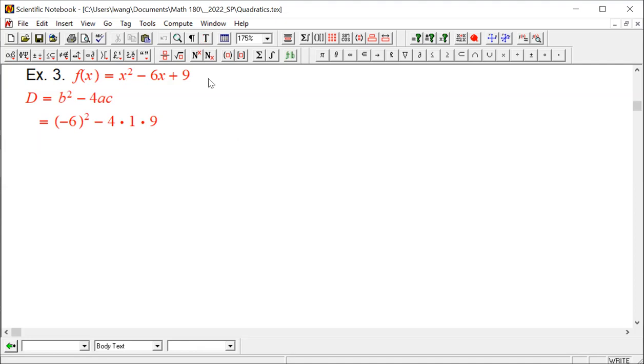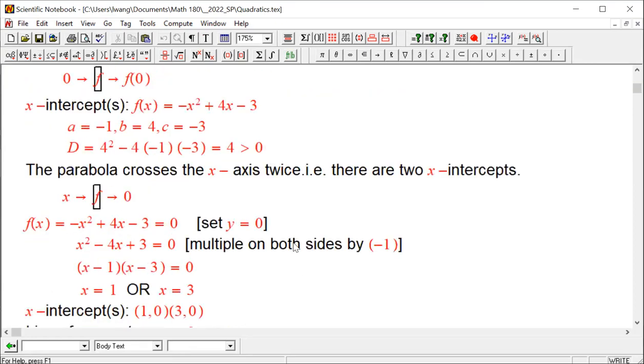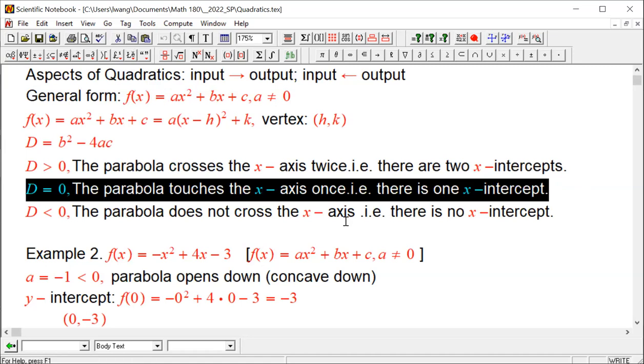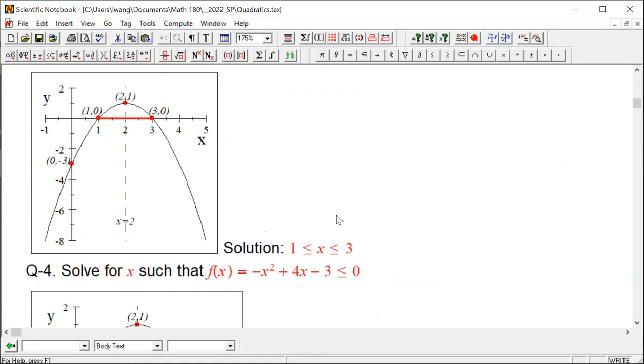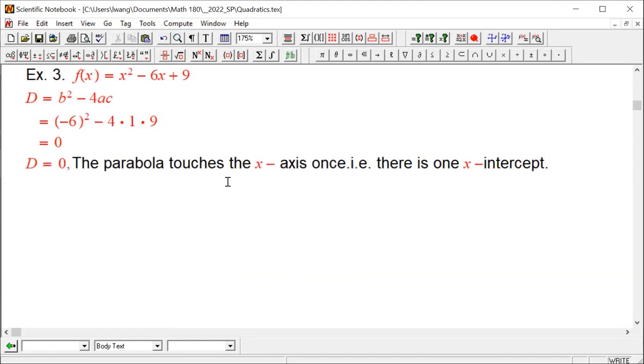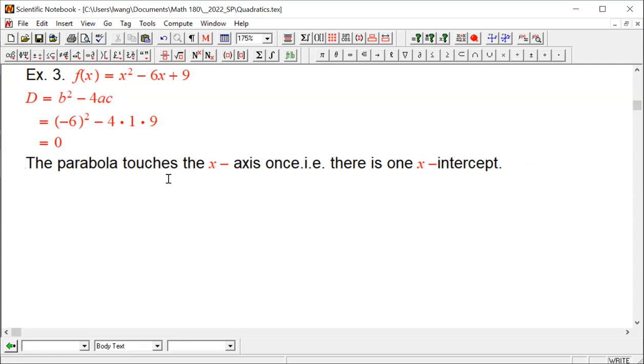We got 0. What does that mean? If the discriminant is 0, as we have discussed, that means the curve touches the x-axis once, just touched it, okay? And there's only one x-intercept.